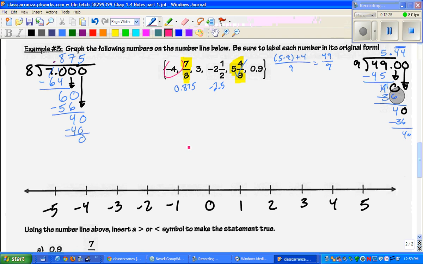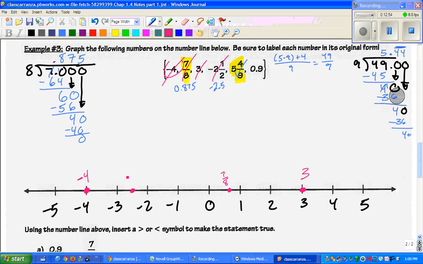Starting with negative 4. Negative 4 will go right where the negative 4 is at. I'm going to put a dot and label. All right. Next is 7 over 8, or 0.875. I know it's going to be very close to 1. So there's 7 over 8. There's 3.